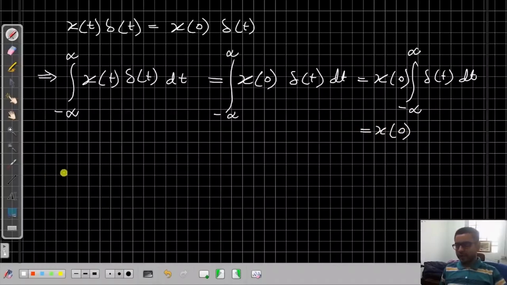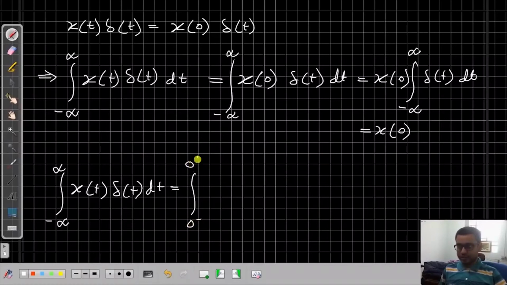So I can in fact also say that for the integration of x(t) delta(t), instead of taking it from minus infinity to infinity, I can also just integrate around the origin, 0 minus to 0 plus, because that is where this signal is non-zero.